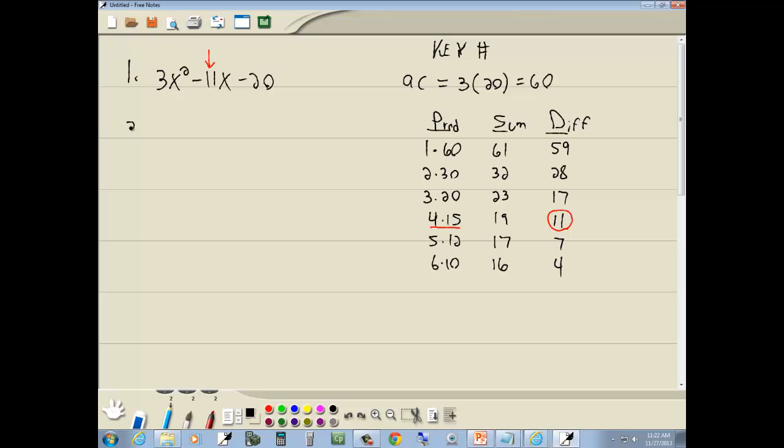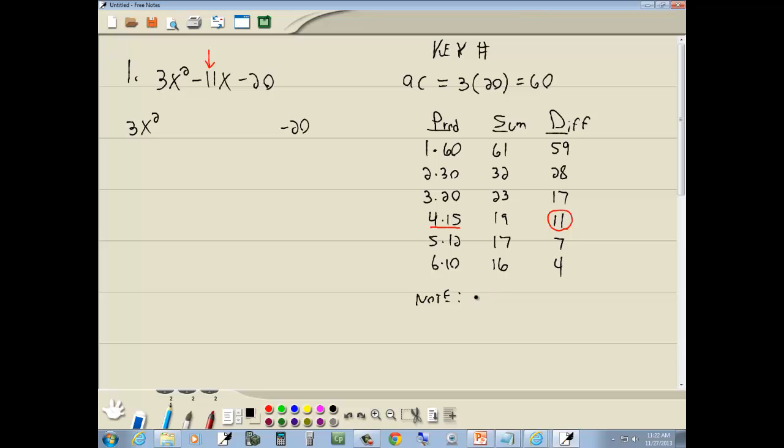Now we're going to rewrite our middle term using those 2 numbers. So the 3x squared just carries down, negative 20 carries down, but we're going to rewrite the negative 11x. Now we've got a note to help us with our signs.